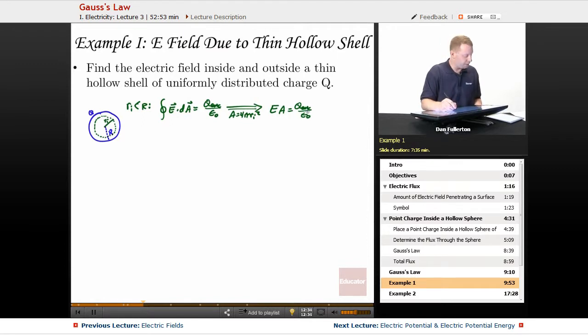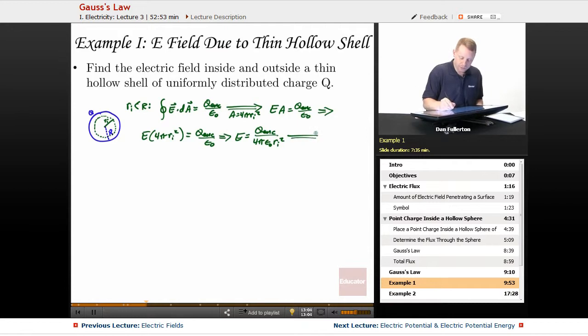EA equals Q enclosed over epsilon naught, which implies that E times our area, 4 pi Ri squared, equals the charge enclosed divided by epsilon naught. Or we could say that E equals the charge enclosed over 4 pi epsilon naught Ri squared.